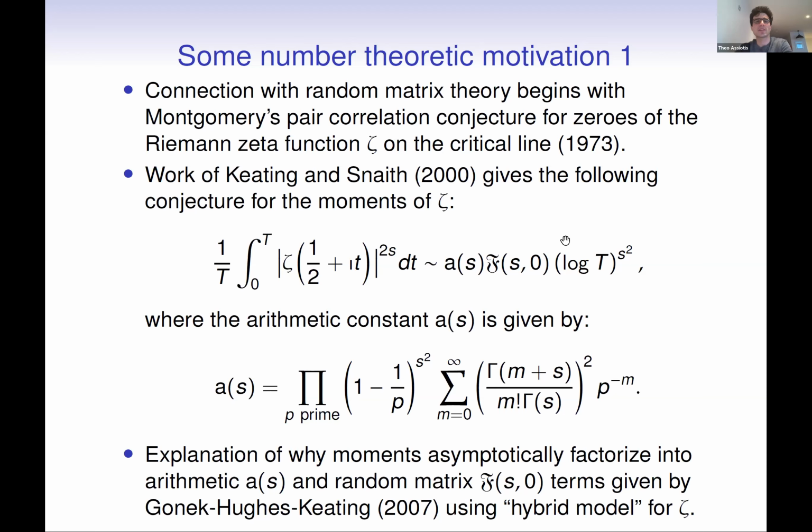And in fact, in this paper where Montgomery conjectured this, he also proved a theorem. If you're looking at the correlations of the zeros, you need some test function. And if that test function's Fourier transform is supported in some interval, then this is actually a theorem, and that's the theorem he proved. And his conjecture is that this restriction, that the Fourier transform of the test function should be supported in a specific interval, is actually not needed. So that's his conjecture.